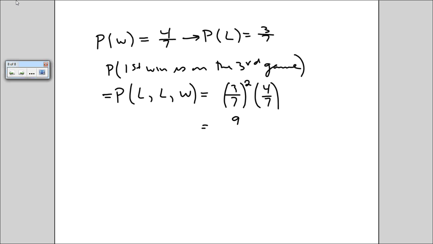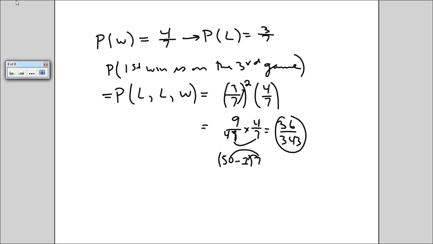Well, 3 squared is 9 over 7 squared, which is 49, times 4 over 7. 9 times 4 is 36, and 49 times 7, well, actually, I do 50 minus 1 times 7. 350 minus 7, 343.